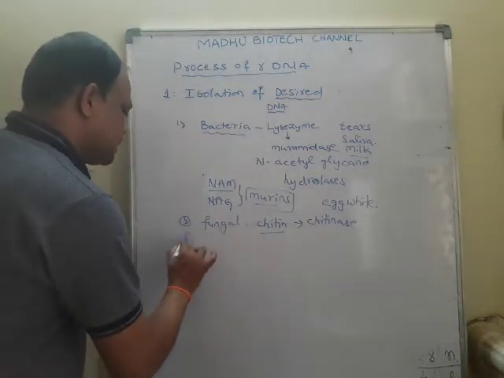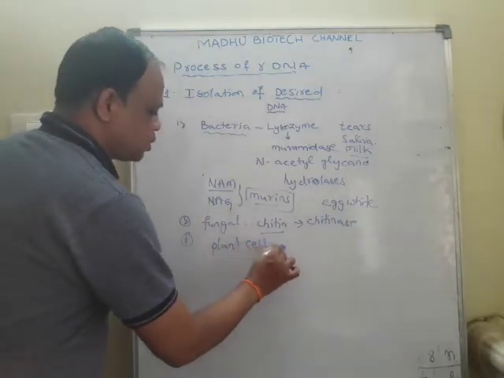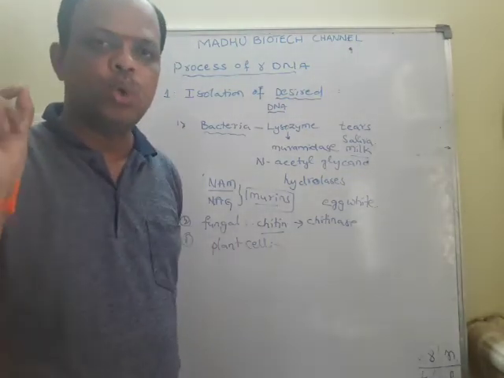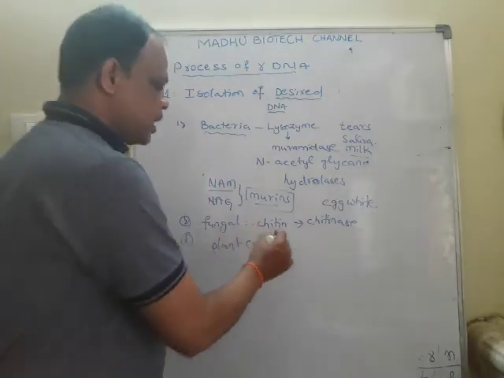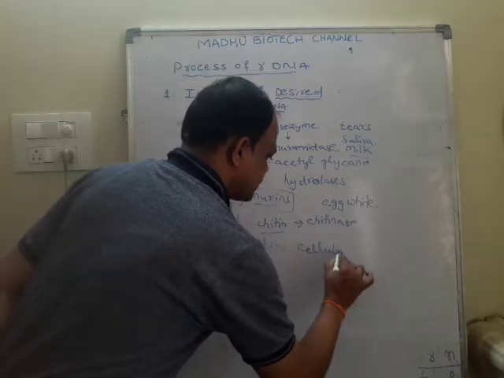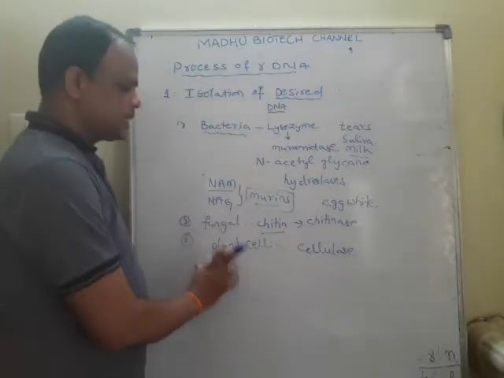Next is the plant cell. The plant cell is made up of the component cellulose. To degrade the cellulose, we use the cellulase enzyme in the plant cell.